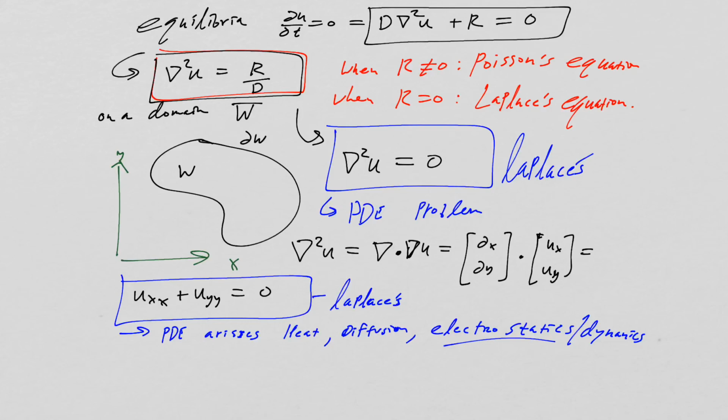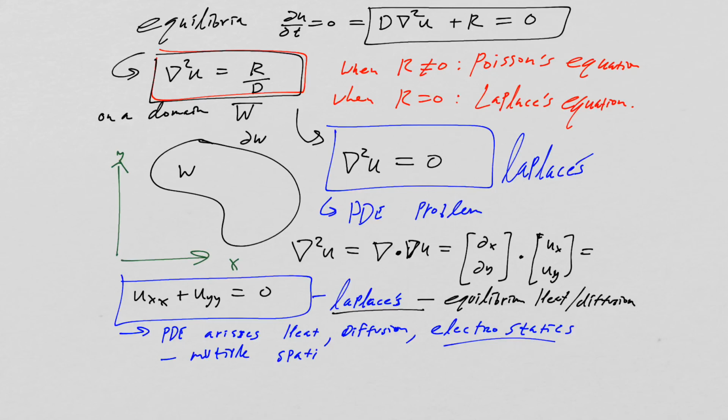So maybe I'll erase the dynamics part. Obviously, if you have a time variable in there, the Laplacian will be equal to other things. But Laplace's is basically an equilibrium heat or diffusion equation. And of course it shows up in multiple spatial dimensions. So 2D, 3D, and so on.